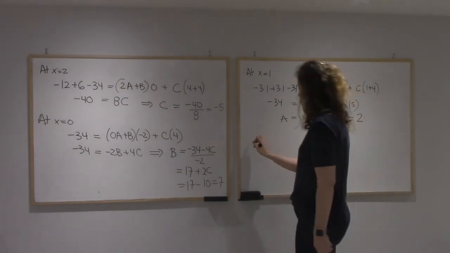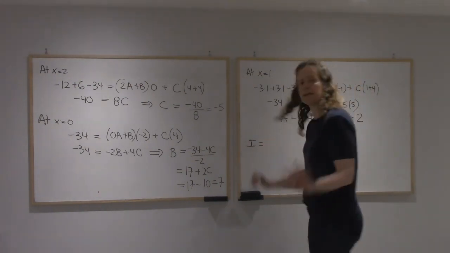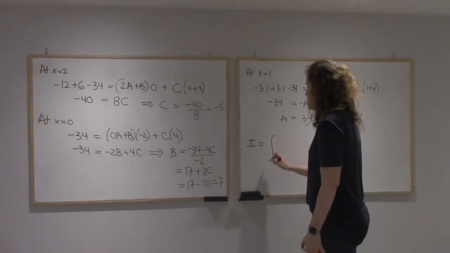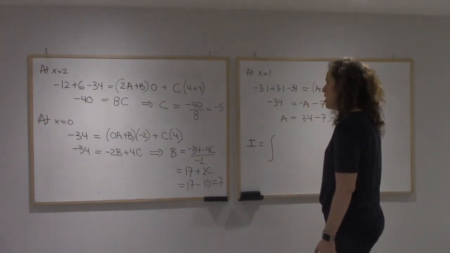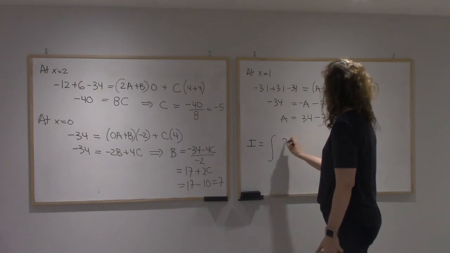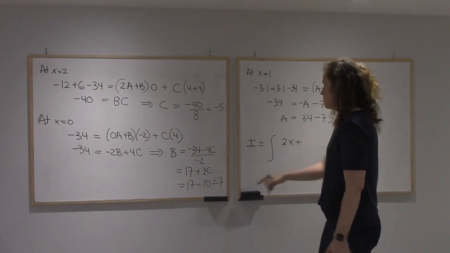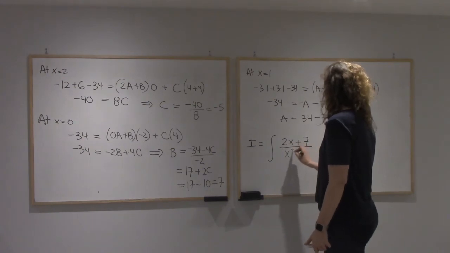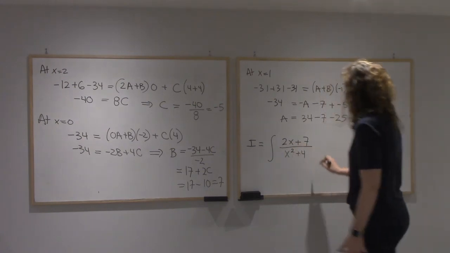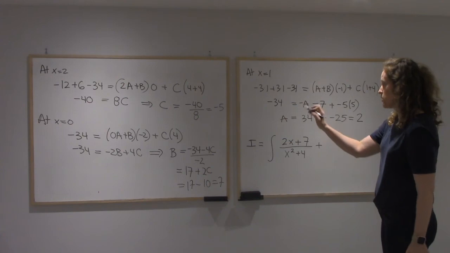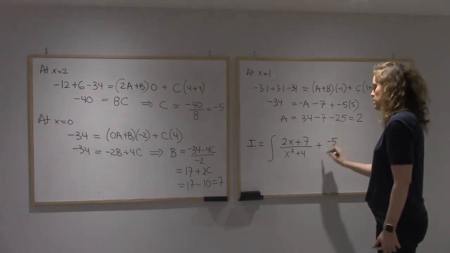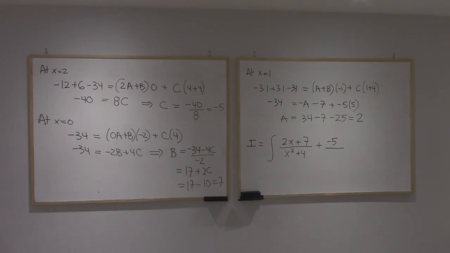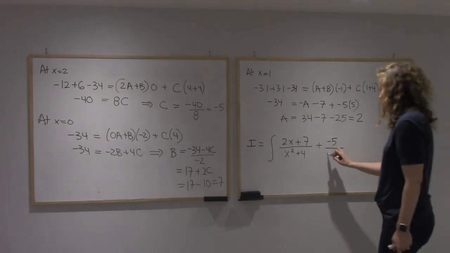All right, so my integral, let me not write it again just so we can finish on this board, is going to be the integral of ax plus b over x squared plus 4 plus the integral of c over, what did we have, over x minus 2.